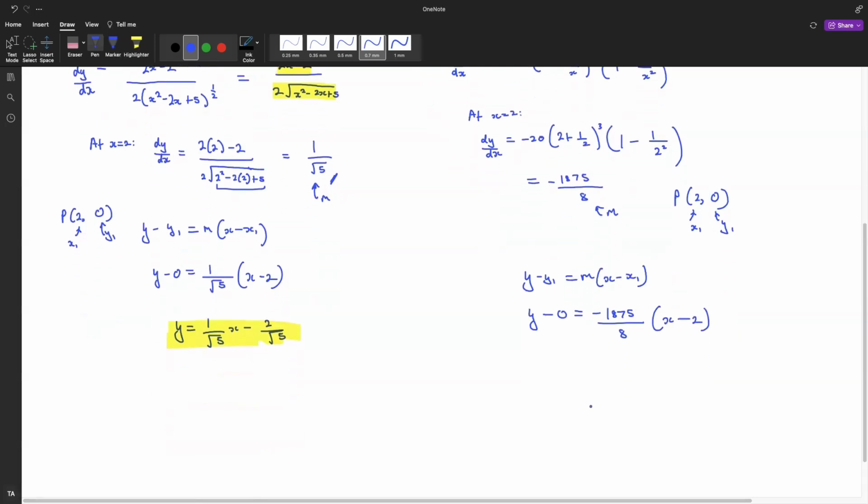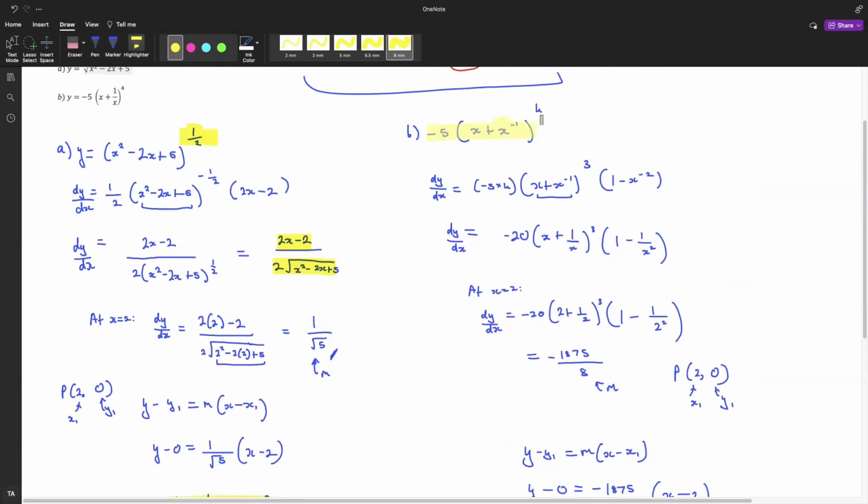So it becomes y is equal to negative 1875 over 8 x, and then your y-intercept you just get by multiplying this by 2, so that becomes plus 1875 over 4. And that's the equation of the tangent to this curve at the point (2, 0).